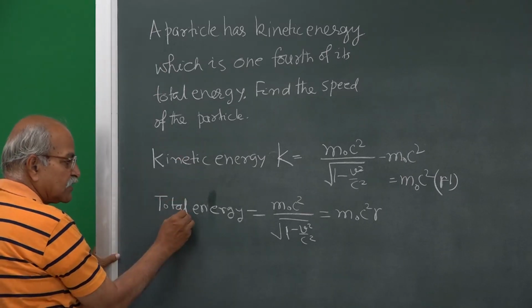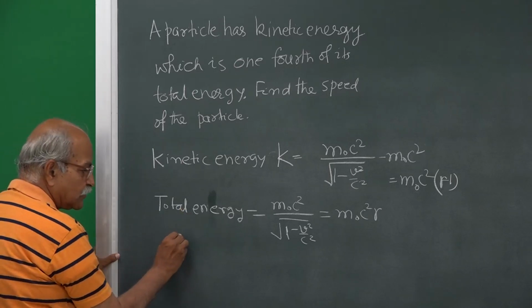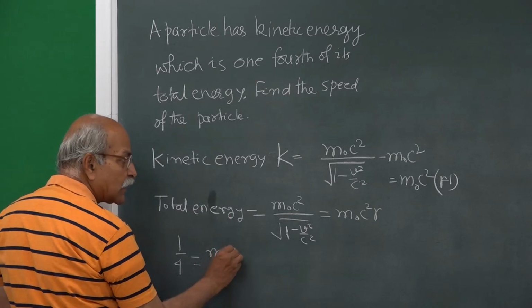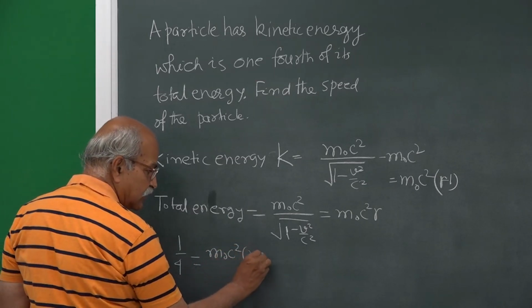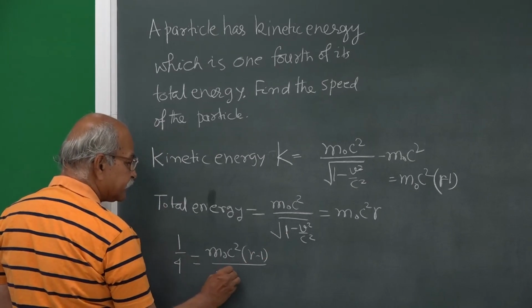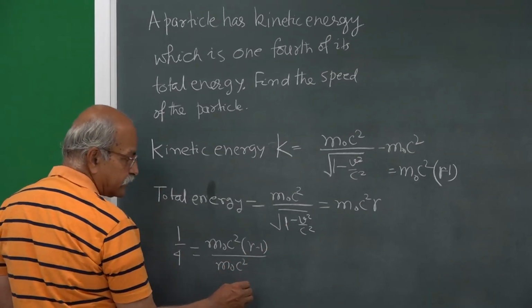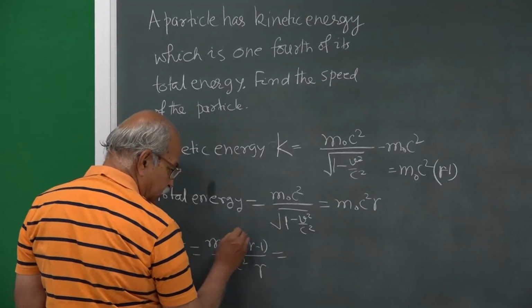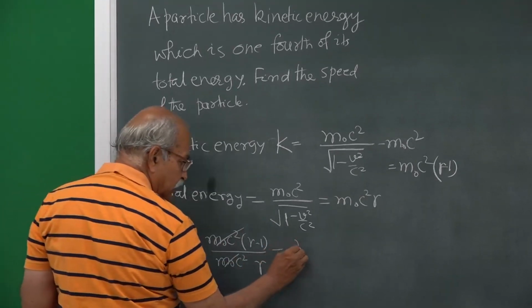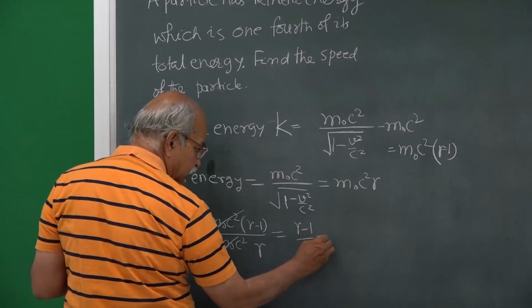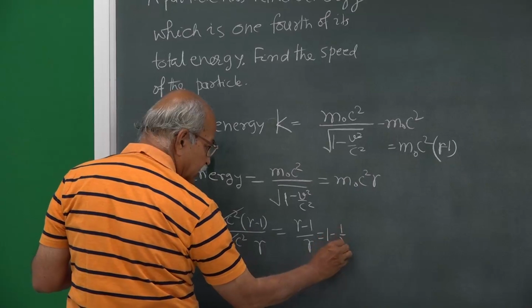So, this divided by this should be 1/4, and hence 1/4 should be equal to m naught c square into gamma minus 1, divided by m naught c square and gamma. So, this cancels out, gamma minus 1 divided by gamma, that is 1 minus 1 by gamma.